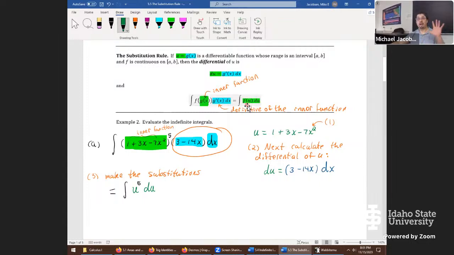The function f is just the power 5 function written this way. f of u is, well, there's the u inside, and we're multiplying by du as well. What we really are trying to do with the substitution rule is transform an integral that looks horrendous, there it is, that's a pretty terrible one to get through, into something that we're familiar with and should not be more than a couple steps to get through. So our step 3 is to make the substitutions.